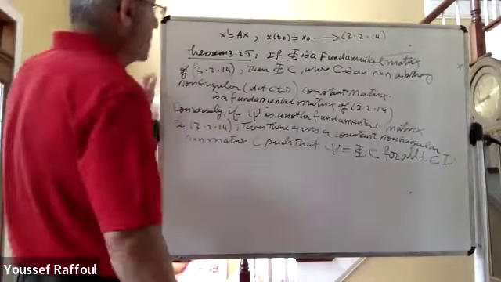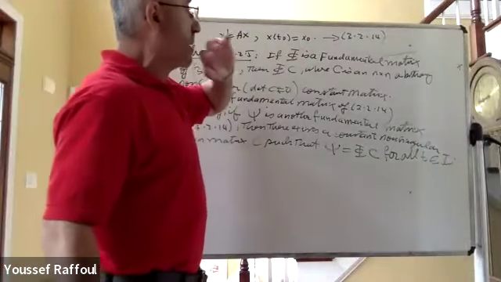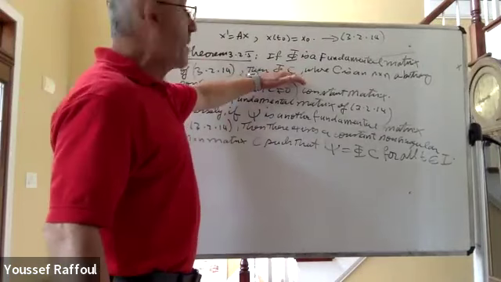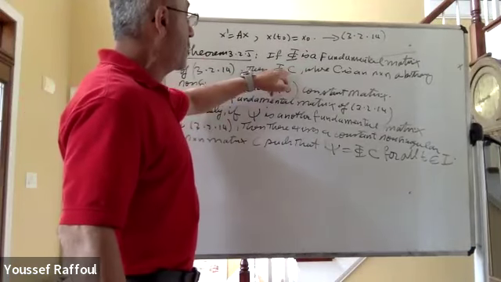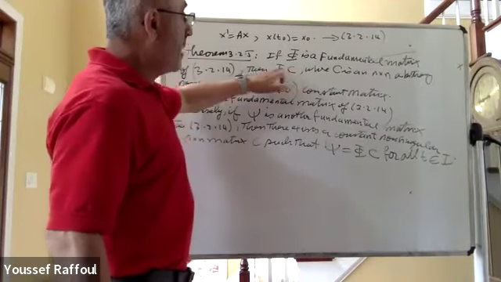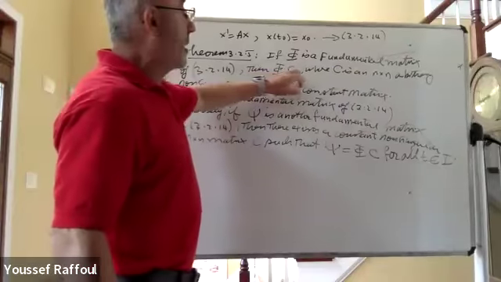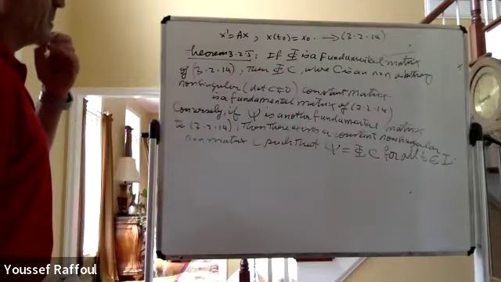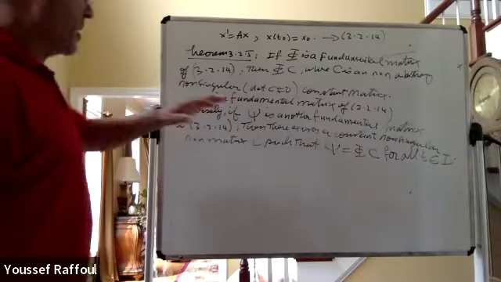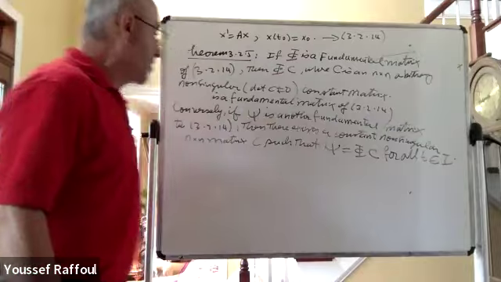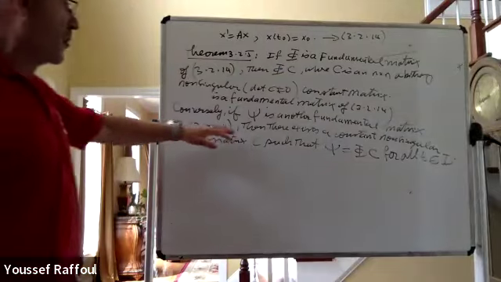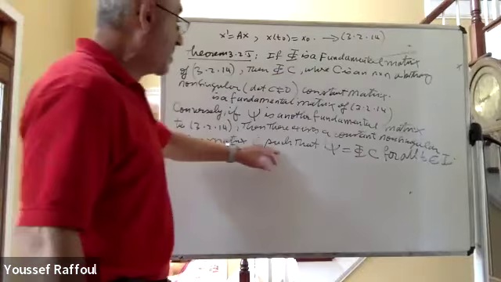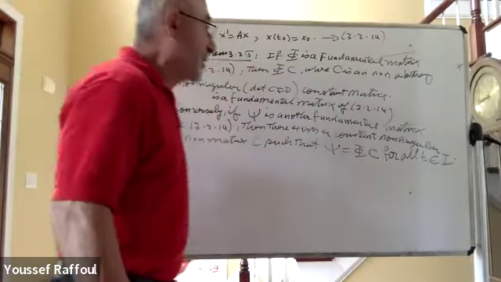So the idea is, if you know this phi is a fundamental matrix, then there is a constant matrix n by n C, so that the product, this may not commute, by the way, is also a fundamental matrix. Conversely, if psi is another fundamental matrix to 3.2.14, then there exists a constant non-singular n by n matrix C such that psi equal phi C.